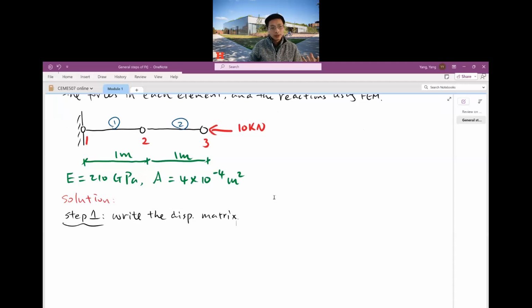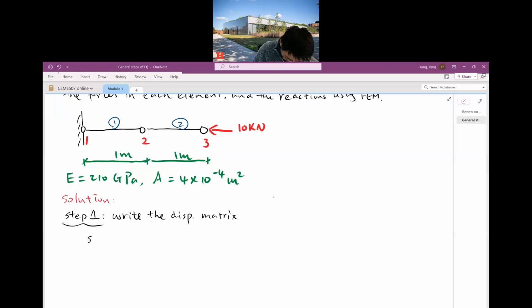So theoretically, we need to consider the movements of 1, 2, and 3 in horizontal and vertical directions, which means 2 displacements at each individual node. But for this case, since the force is collinear with the bar, there will be no movement in the vertical direction, so we can automatically eliminate the vertical displacements.